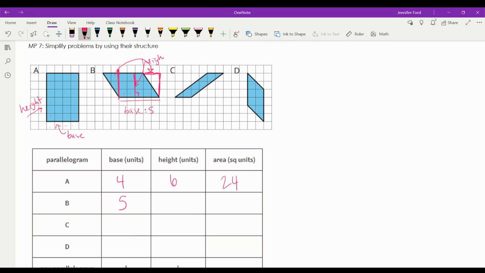Height, which looks like 3. So the base is 5, and the height is 3. So the area of that parallelogram is 15 square units.